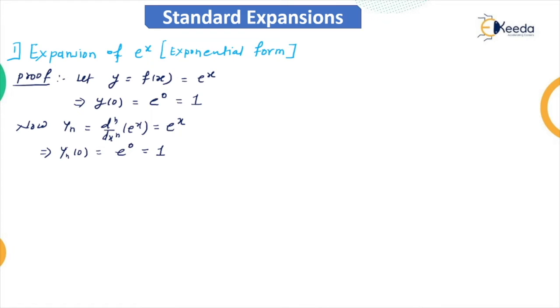So y1 of 0 is 1, y2 of 0 is also 1, y3 of 0 is also 1, and so on. Likewise yn of 0 is also 1.